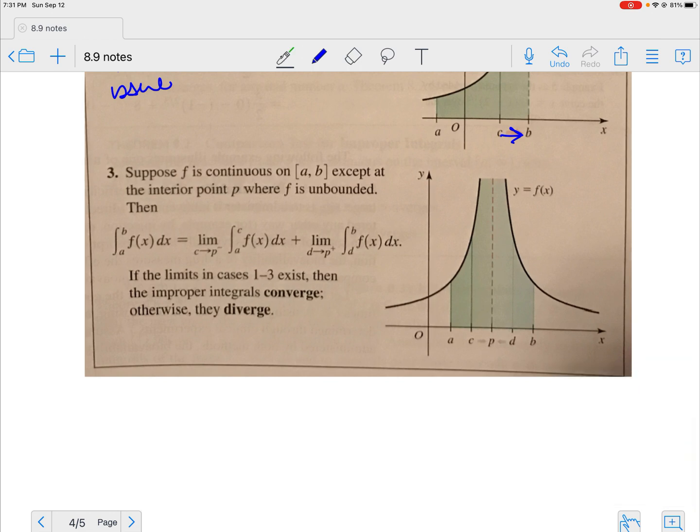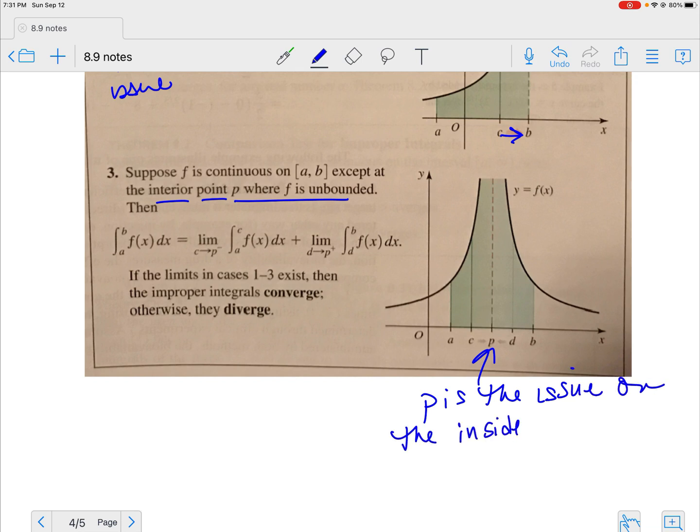All right? Okay, so let's scoot this up a little bit here. What if I have a closed interval, however, there is an interior point P that has an issue? All right, so P, some value on the inside here, P is the issue on the inside of the interval.